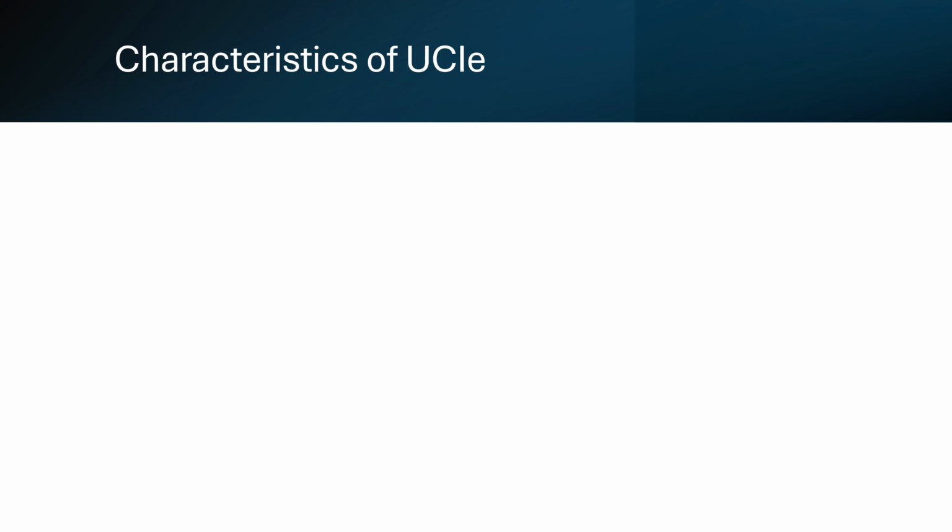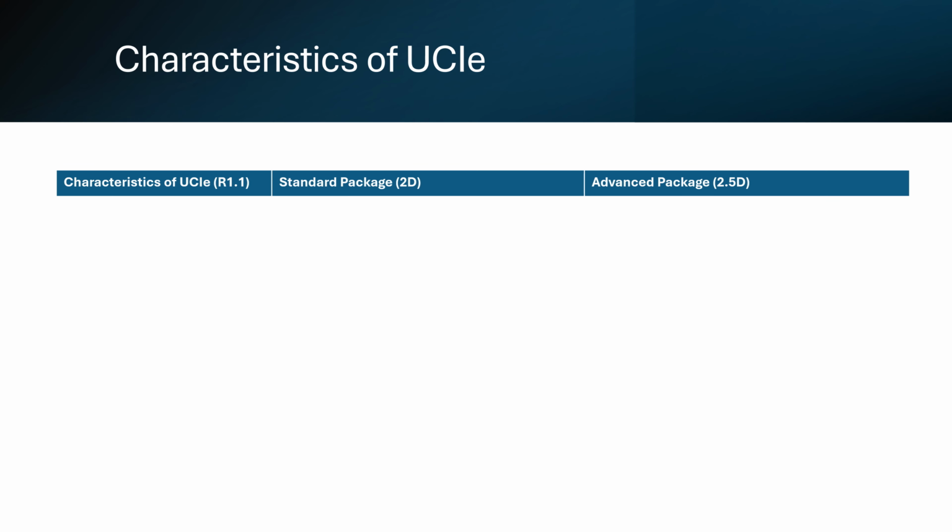Let's look into some of the characteristics of the two UCIe packages. Let's make it clear now. UCIe 1.1 and 1.2 talk about the standard package and advanced package, that is, 2D package and 2.5D package, but they do not talk about 3D packaging, whereas UCIe 2.0 talks about 3D packaging.